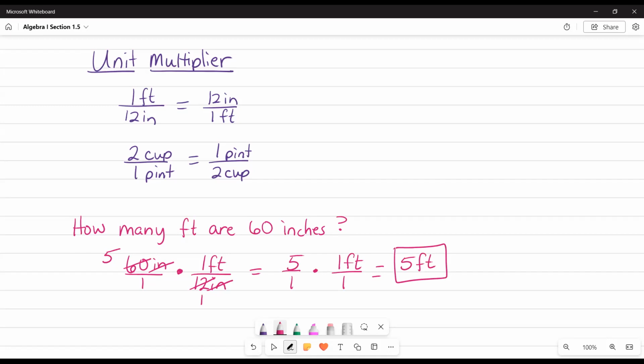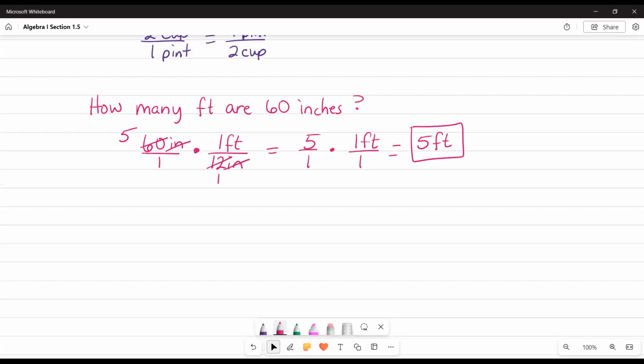Let's see if I've got an example here. Let's do the homework as an example. 1 through 41 odd. But we're going to start with the conversion part.